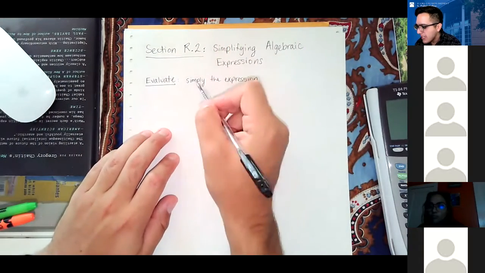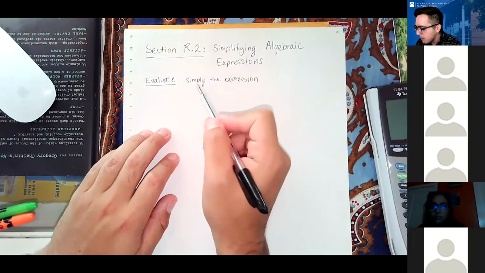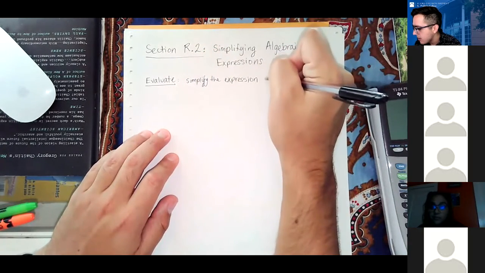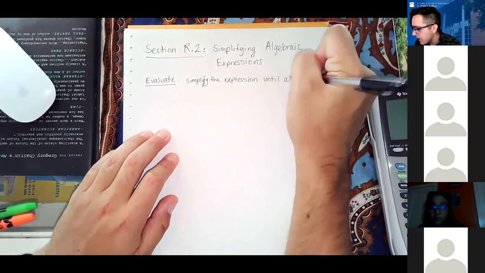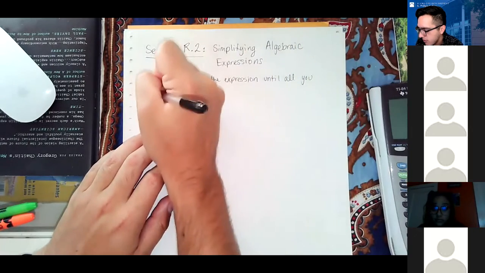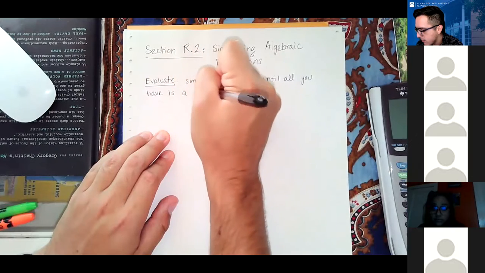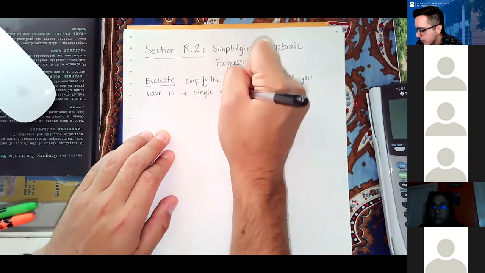But right now we're just looking at expressions. We need to simplify the expression until all you have is a single numeric term at the end.